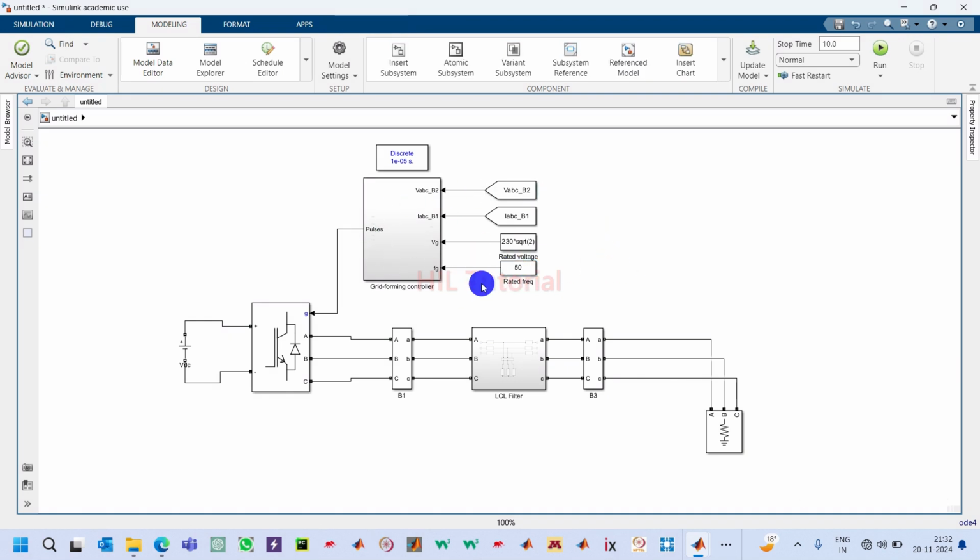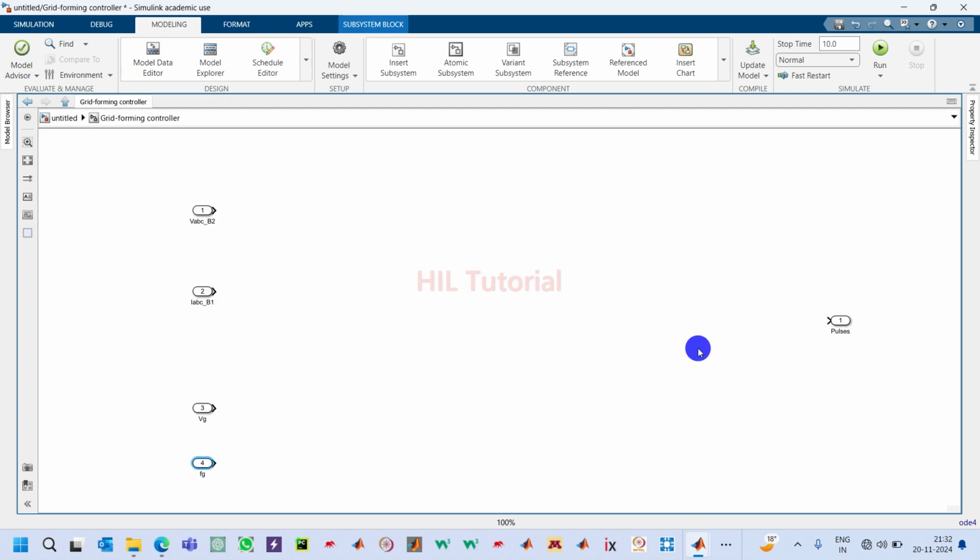Now we will go inside. No problem, just let me enter inside, and at first I will create sine PWM, because we will require sine PWM for generating the pulses.